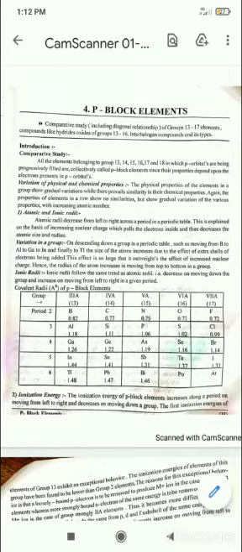Now we will study variation from top to bottom, on descending down the group. Variation in a group means you have to think about the variation of radius of boron, then aluminium, gallium, indium and thallium. So this is top to bottom. You can also use the words down the group.